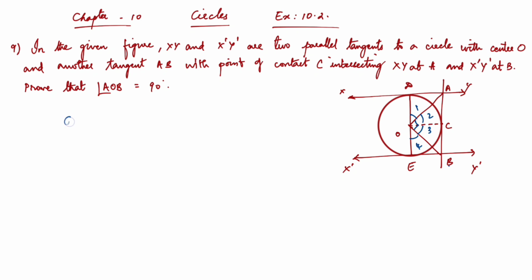Consider triangle AOD and triangle AOC. AO is the common side. OD and OC are radii.